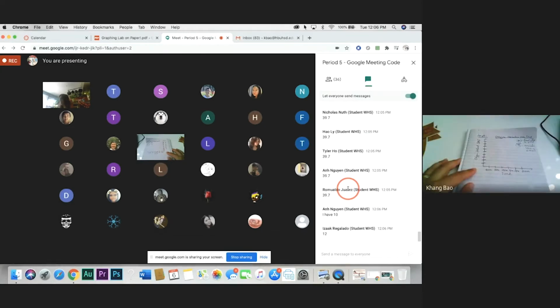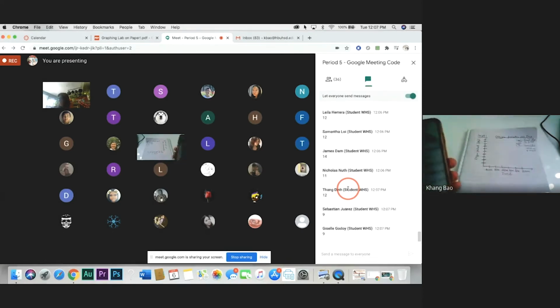So Owen has 10, Isaac has 12, Benjamin has 20, right? 12, 10. So go ahead, tell me how many lines you have. How many available horizontal lines do you have on the y-axis? 11, okay. All right, 12.